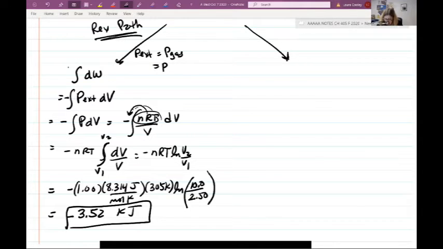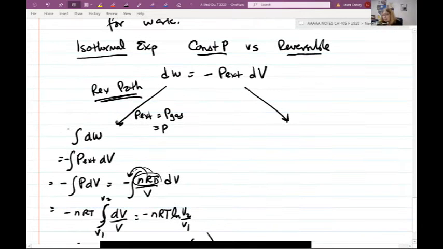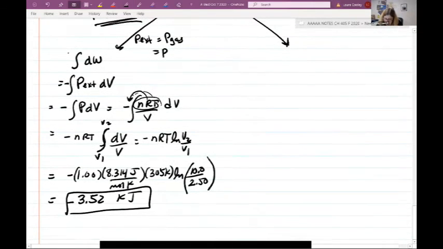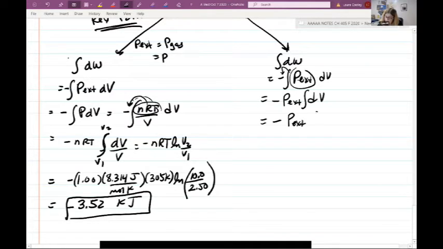All right, so that was going from the same initial to the same final state. This is the example from last class. If we did it at a constant pressure, it is minus P external dV, just like we did last time. But now the external pressure comes out because it's constant, and we get minus P external times V2 minus V1.